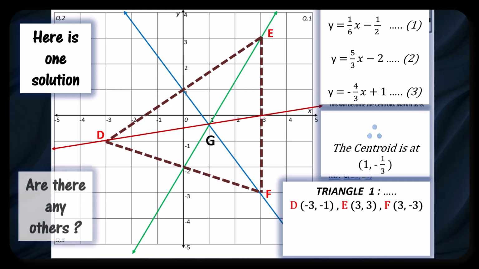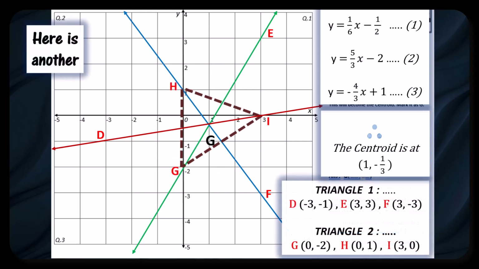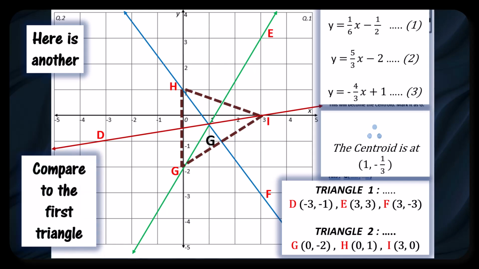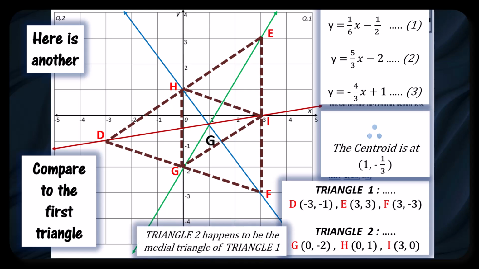Are there other triangles? Well, there is another. And the interesting thing about this triangle is, if we compare it to the first triangle, it's the medial triangle of the first triangle. An important thing to note here, a triangle and its medial triangle have the same centroid.